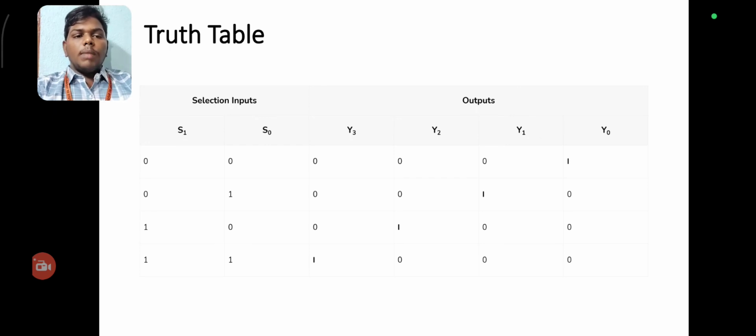If both are 0, then Y0 will be 1, so the Y0 line will be lit. If S1 is 0 and S0 is 1, then Y1 will be true and all others false. If S1 is 1 and S0 is 0, then Y2 will be true and all others false. If S1 and S0 are both 1, then Y3 will be true and all others false. Here 0 stands for false and 1 stands for true. This is the truth table for the 1 into 4 demultiplexer.